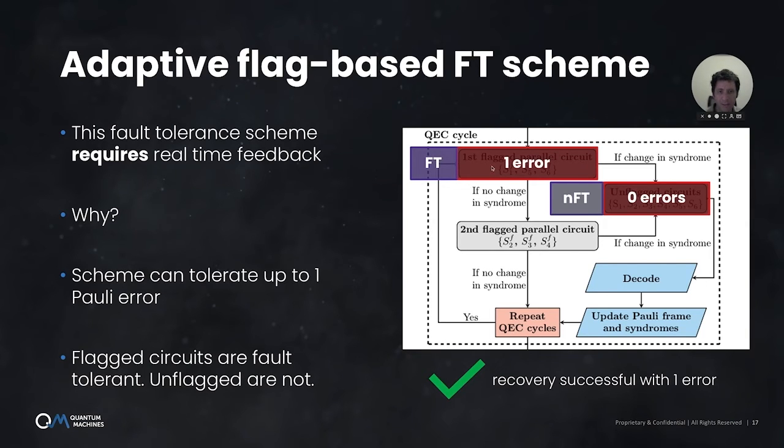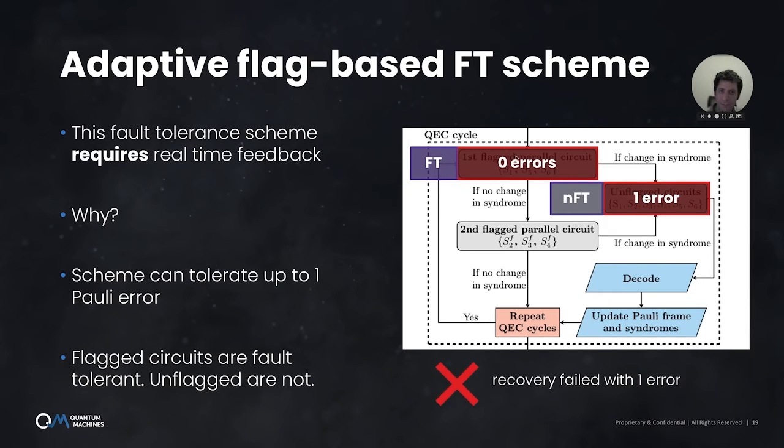Here we see a scenario where in the fault-tolerant part we have 1 Pauli error, and in the non-fault-tolerant part we have 0 Pauli errors. This is okay, we'll succeed to recover because we had 1 error. If, however, we had 1 error here, and in the non-fault-tolerant part we also had 1 error, this is also okay because there are 2 errors, and so we don't necessarily expect to be able to recover from this situation.